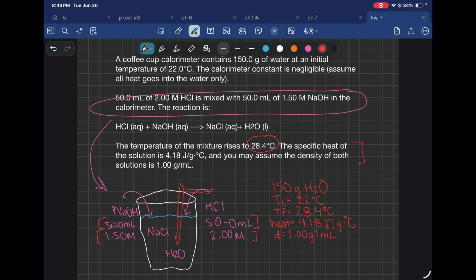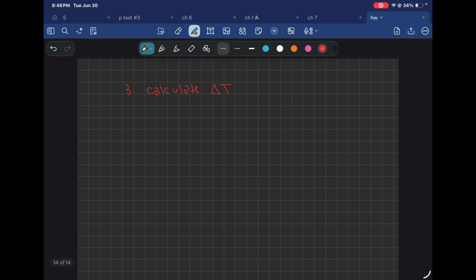Both of these we were given in our problem. So 28.4 degrees Celsius minus 22 degrees Celsius equals 6.4 degrees Celsius. So this is our delta T.